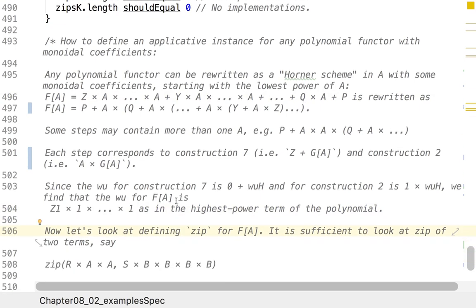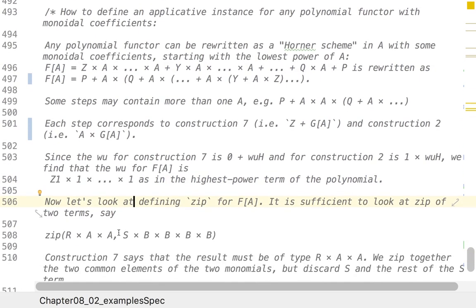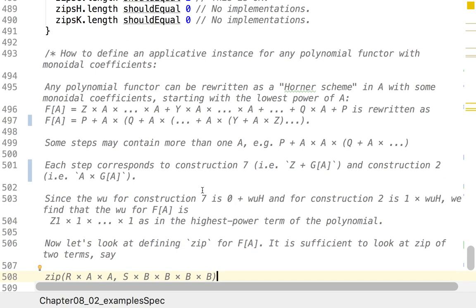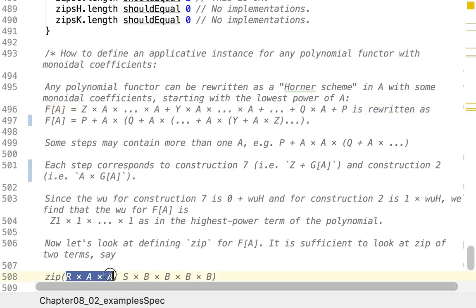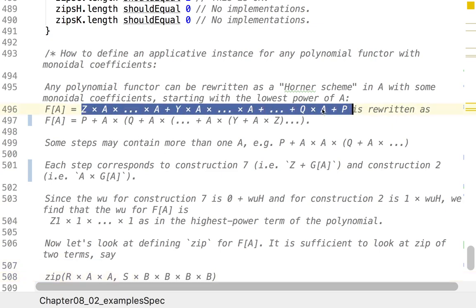Let's look at how zip is defined. So it would be good if we visualize, for example, zip of these two terms. Then if we can do it, then since zip is distributive, well, zip of this and some other polynomial essentially is just one zip of this kind, because a value of this type must be in one of the parts of the disjunction.